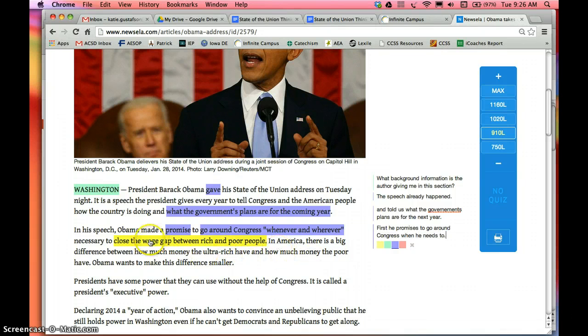In America, there's a big difference between how much money the ultra-rich have and how much money the poor have. Obama wants to make the difference smaller.